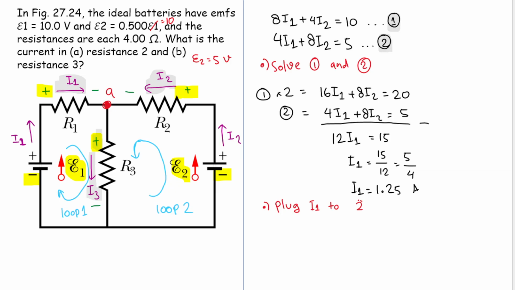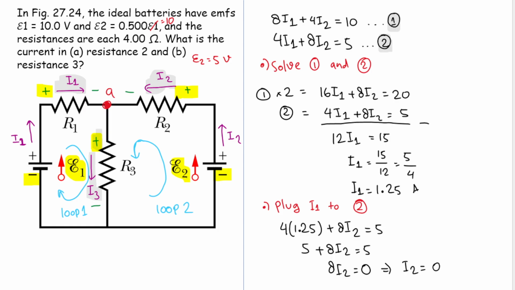We will have 4I1, so 4 multiplied by 1.25, and then plus 8I2. That will equal to 5. Okay, 4 multiplied by 1.25, that will be 5, right? So we'll have 5 plus 8I2 is equal to 5. Good, and that means that 8I2 is equal to 0. Okay, therefore, we will have I2 here is equal to 0 ampere.